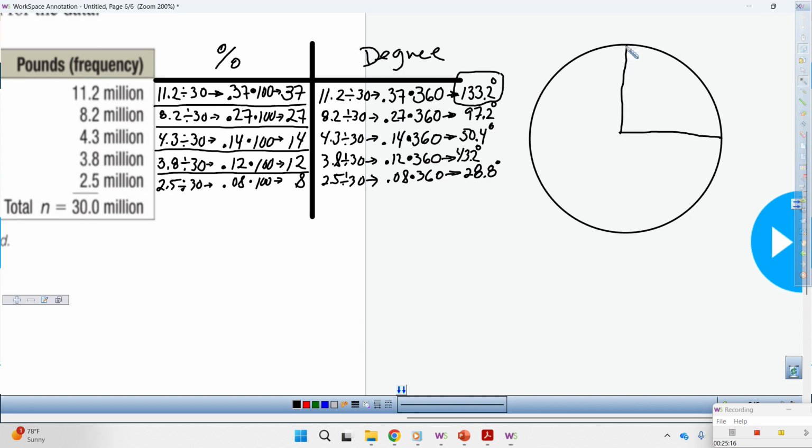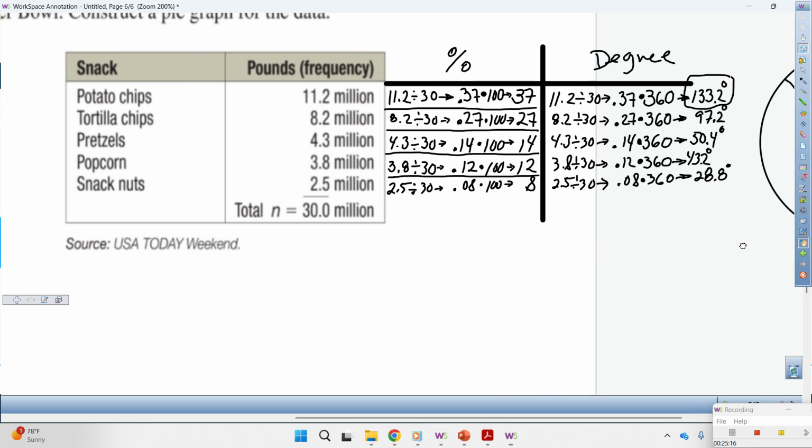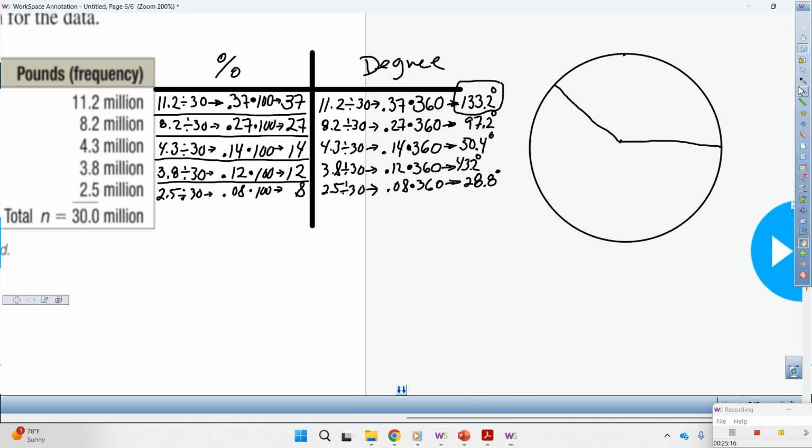Is that correct? So if I go halfway of that, about right here, that's 45 degrees plus 90, that's 130 something. What was the food category for that? Potato chips. And what is the percentage? 37%.